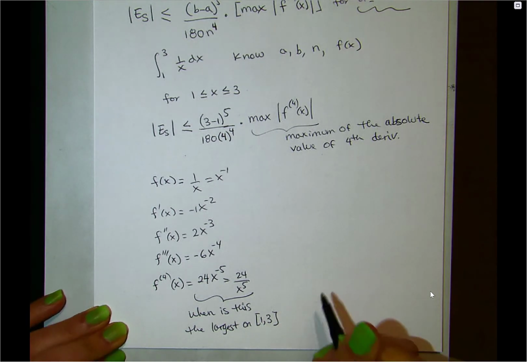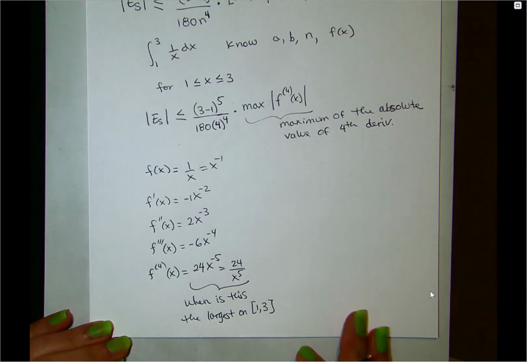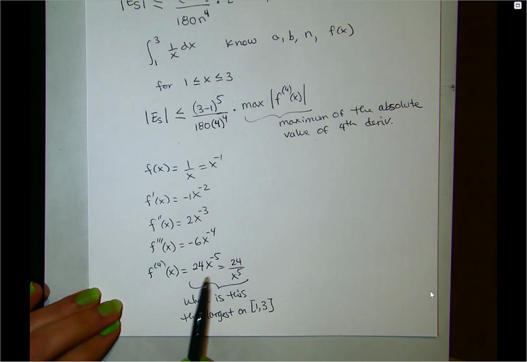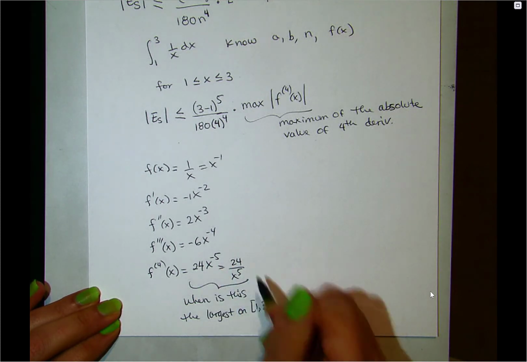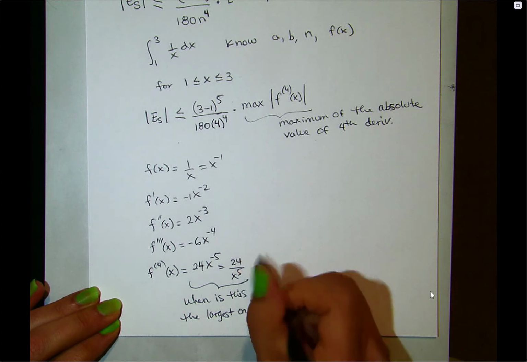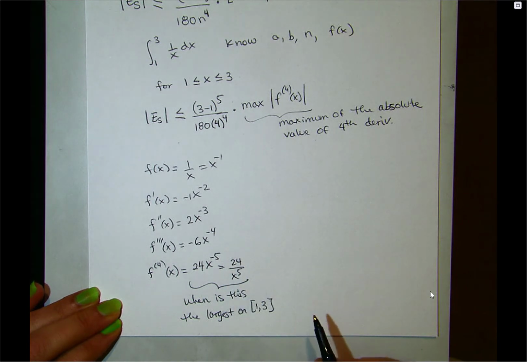And again, you can do it by analyzing it. We could do it using Calc 1 methods, which means we need to find the absolute value. Well, the absolute value will be the same thing because on 1 to 3, x to the fifth is positive. So the absolute value of a positive will stay positive.